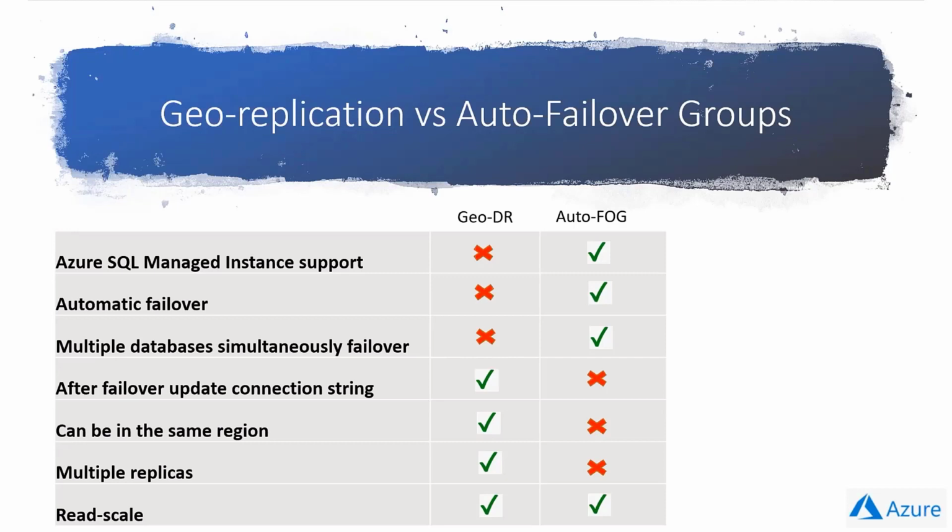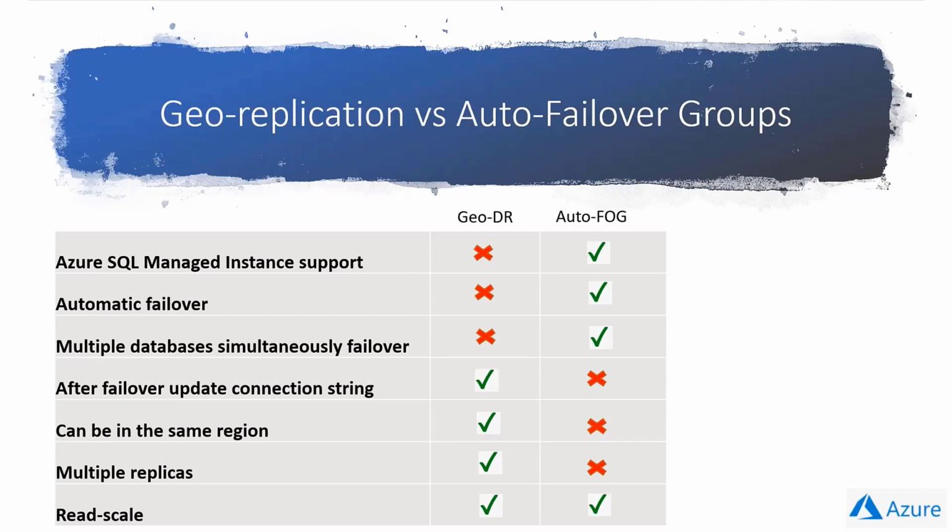So I here put this table to compare these two. So if you are thinking about in Geo Replication, you replicate the database into a different region, you will encounter these two options, auto failover groups and Geo Replication. So as you can see here, the first difference is Azure SQL Managed Instance is only supported in auto failover groups.